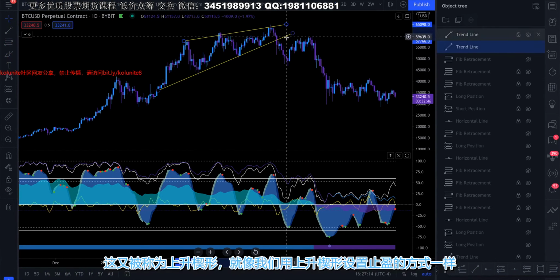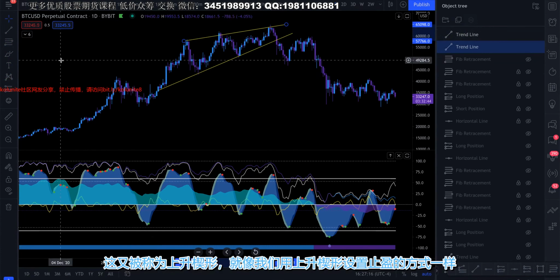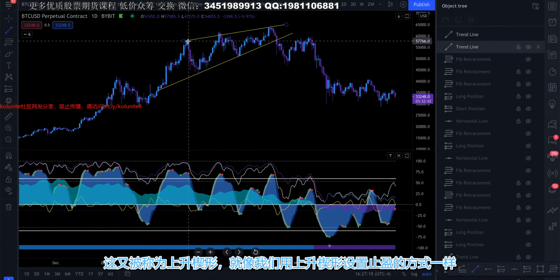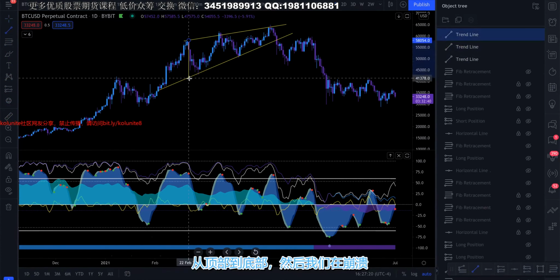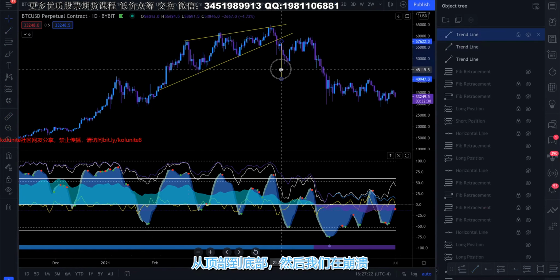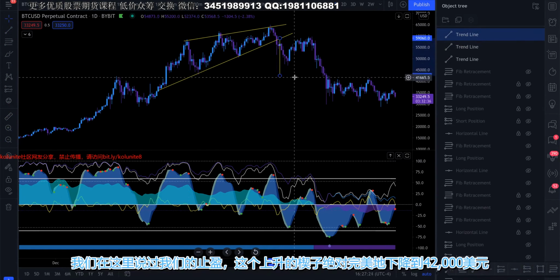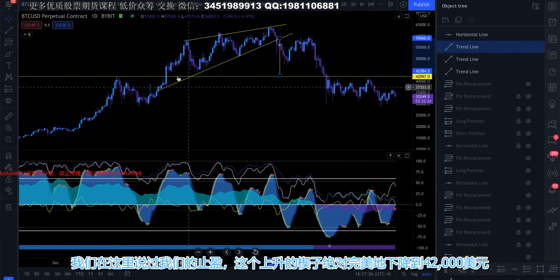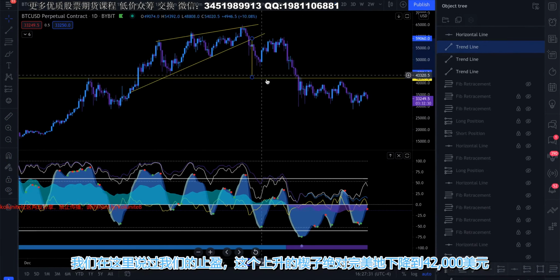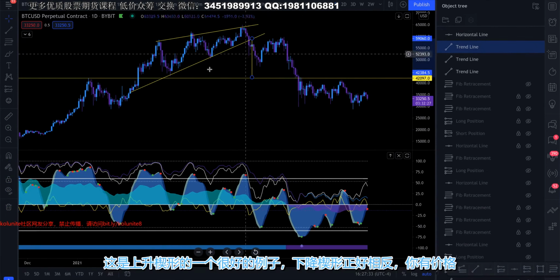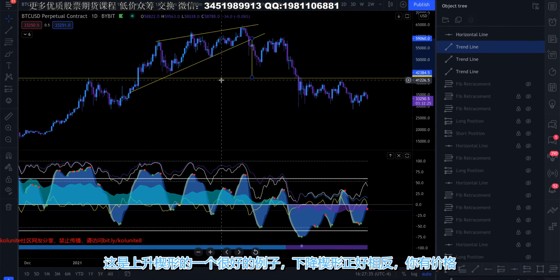This is called a rising wedge. Again, the way we set our take profit with the rising wedge, from the top to the bottom, and then at the breakdown we set our take profit right here, and this rising wedge played out absolutely perfectly down to $42,000. This is a great example of a rising wedge.